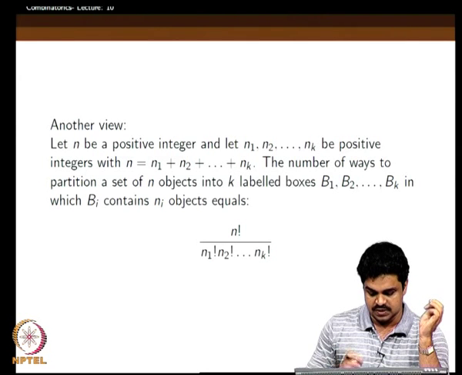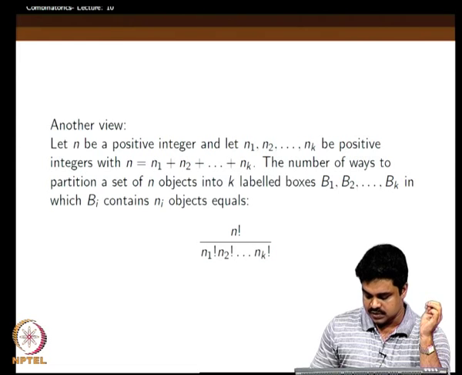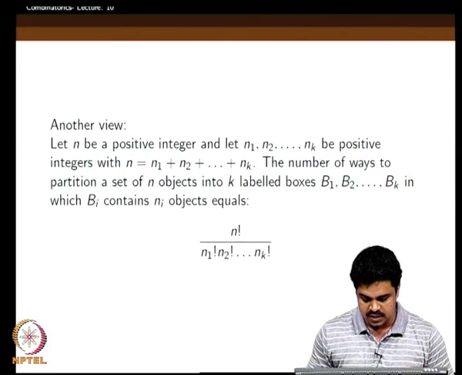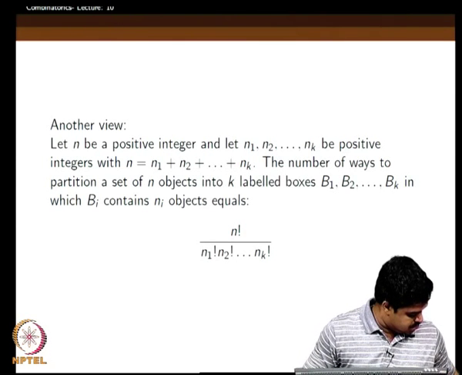So, this is almost the same proof, just that once we understand the correspondence, there is nothing big here. So, it is immediate.